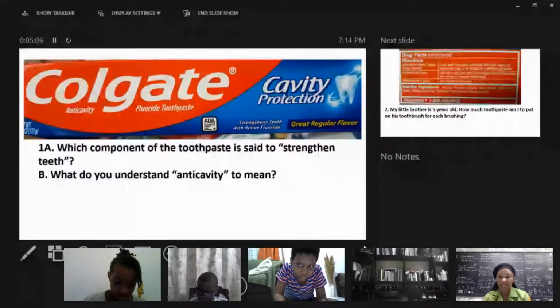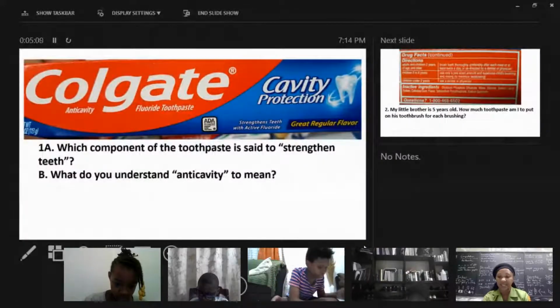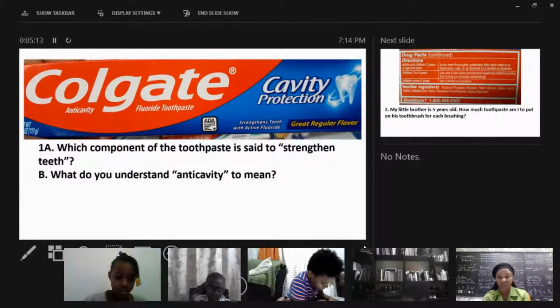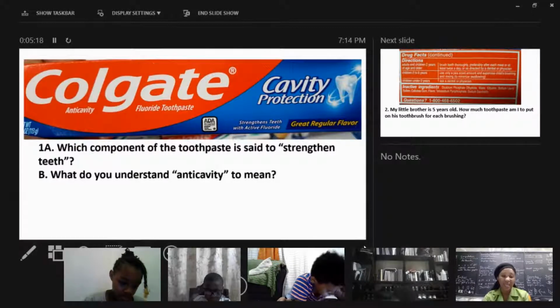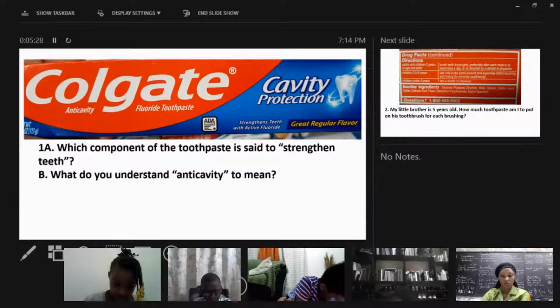Ashley says anti-cavity means that it can help cavities to go away, or to prevent cavities, Ochano says. Well, that is correct. The prefix anti means against. So it prevents cavities. That is what the manufacturers of this toothpaste are saying, that their toothpaste is able to prevent cavities.